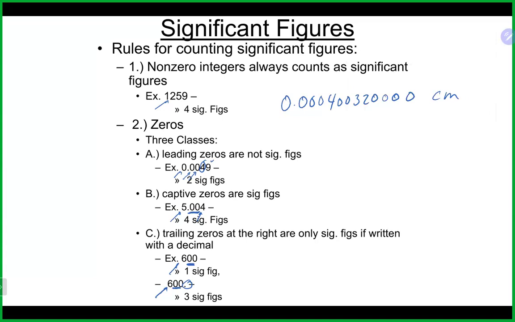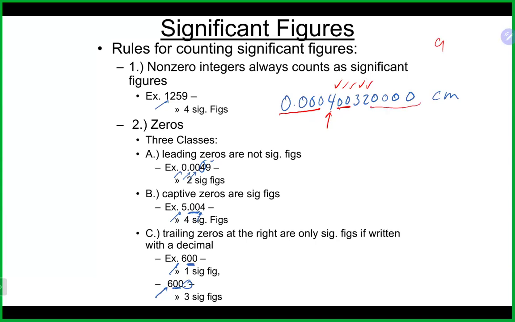Let's see. We'll go left to right. We're not going to count any of these leading zeros. Right here at the 4 is where we're going to start counting in this case. These zeros are trapped, so they are significant. So significant, significant, significant, significant, significant, as they are non-zeros.